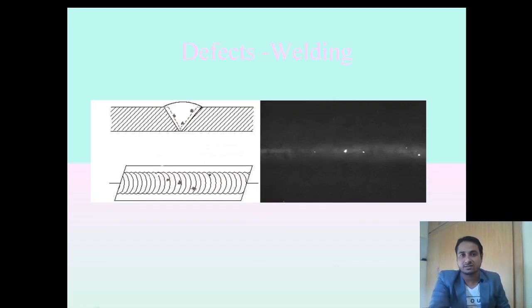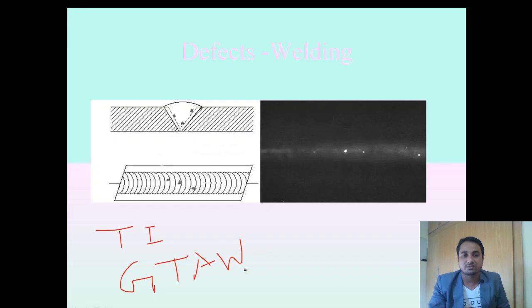Now the next is, this is also slag inclusion. This is tungsten inclusion. When we are using the GTAW technique, we are using the tungsten non-consumable electrode. So if the tip of the tungsten is broken and gets fused with the weld metal, then it will look like this.